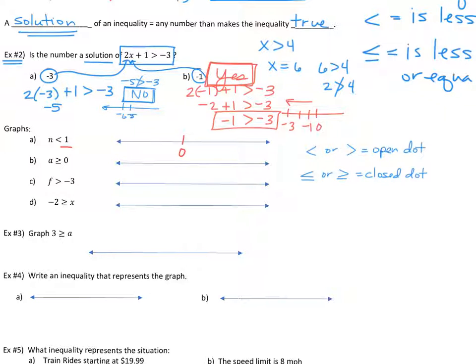So we're working with a 1. Okay? So 1 is here. If n is less than 1, is 1 included in your answer? No, because 1 is not less than 1. Okay? So that's why we say when it's less than, it's an open dot because 1 is not part of your answer. So I would put an open dot at 1.